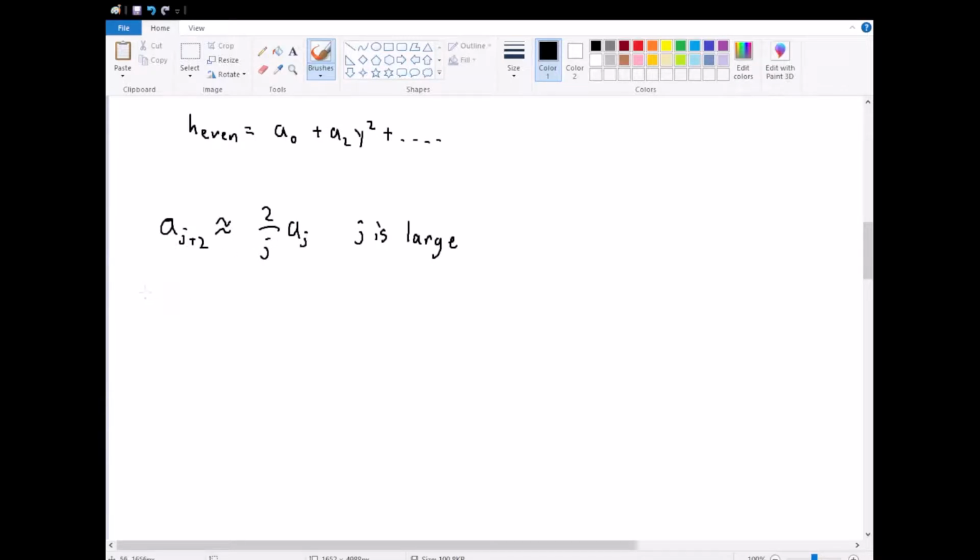So suppose that I say that I want to change my j's to 2j's. In that case, this new recursive relation will become a_{2j+2} behaving roughly like 1 over j, multiplied by a_{2j}. So this is still a valid recursive relation. It is effectively the same as the one above.